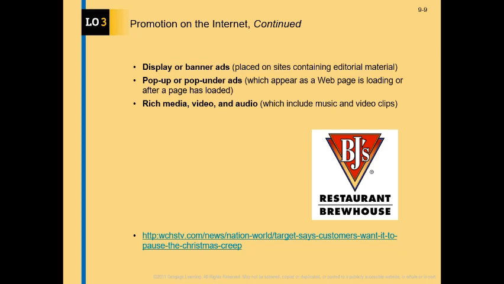We want consumers to pay attention to what we have to say, not because we are paying for the attention, but because we are providing information and content that is relevant to them, that is attractive, something worth telling.